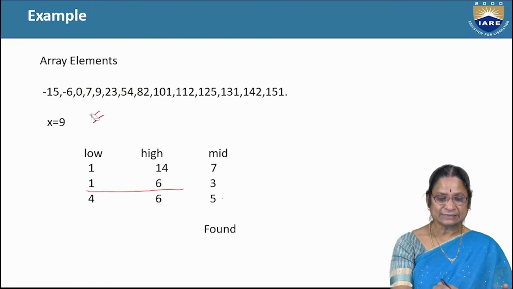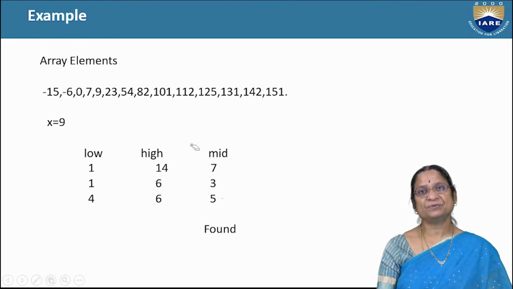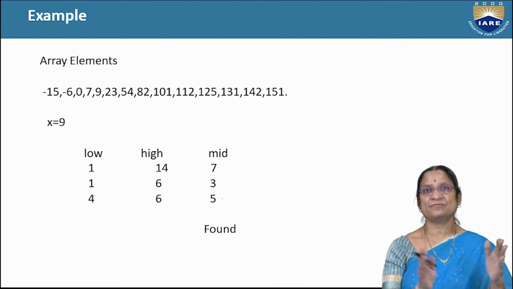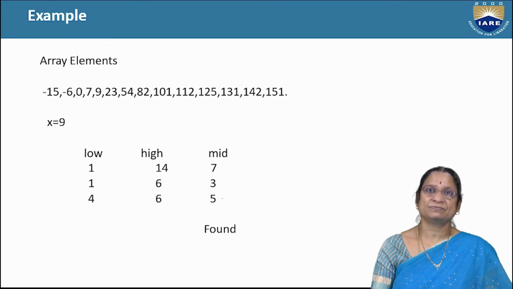So by considering this binary search algorithm, we can search for an element with fewer iterations, because every time half of the list we are excluding from the search process. Every time you are removing half of the list, the time taken to search for the remaining element is not considerable.